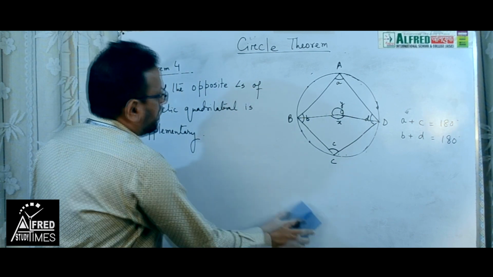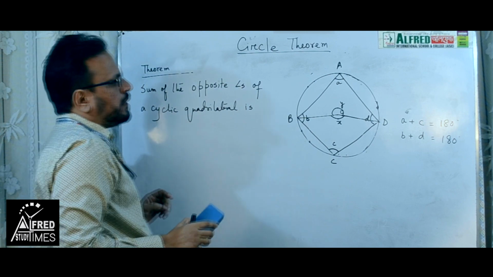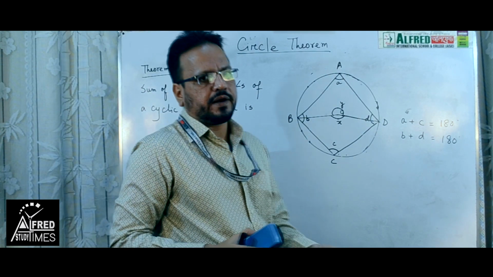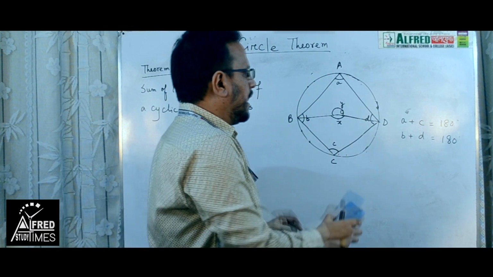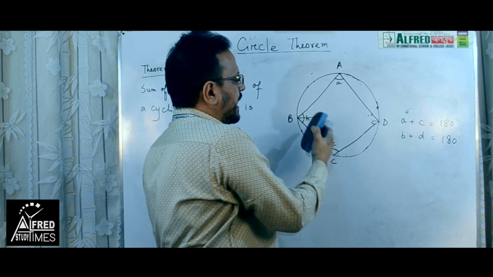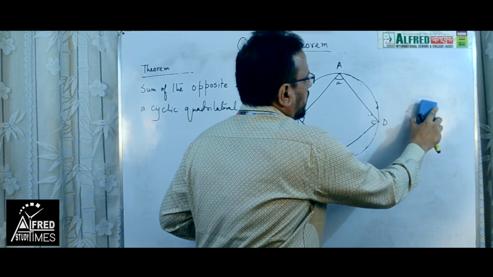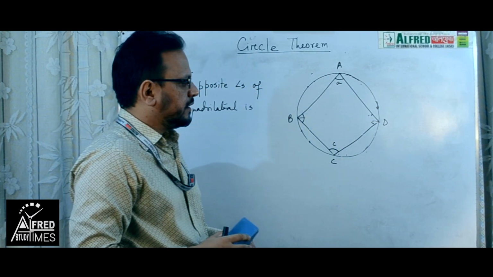Now we move to theorem number 5. Theorem number 5 is again on a cyclic quadrilateral, but it has an exterior angle. See, there are 4 interior angles, but it says something about the exterior angle. Now what is the exterior angle?